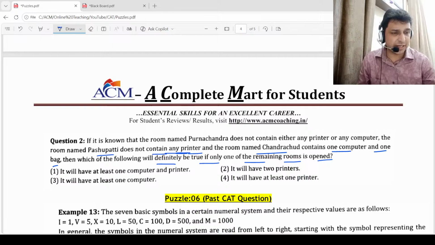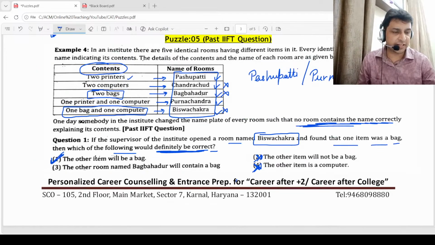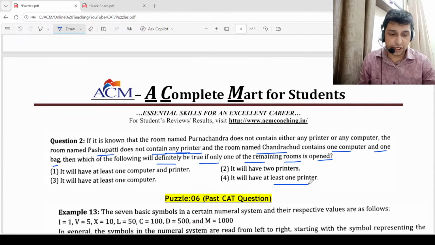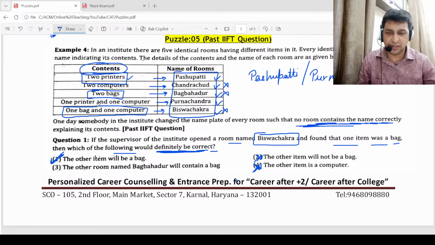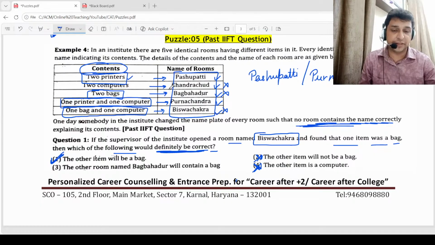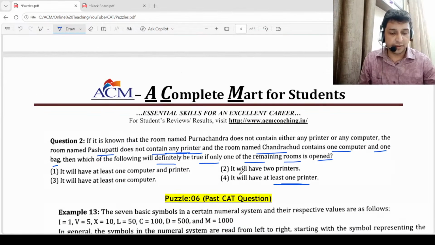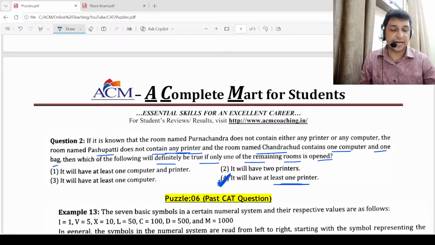It will have at least one computer. Pashupati does not have a computer. It will have at least one printer. Now, in both the cases, there are two printers in Pashupati and one printer and one computer in Purna Chandra. That means a printer will definitely be there. Whichever room you open, it will have at least one printer. That is the right answer for me. That is absolutely right.